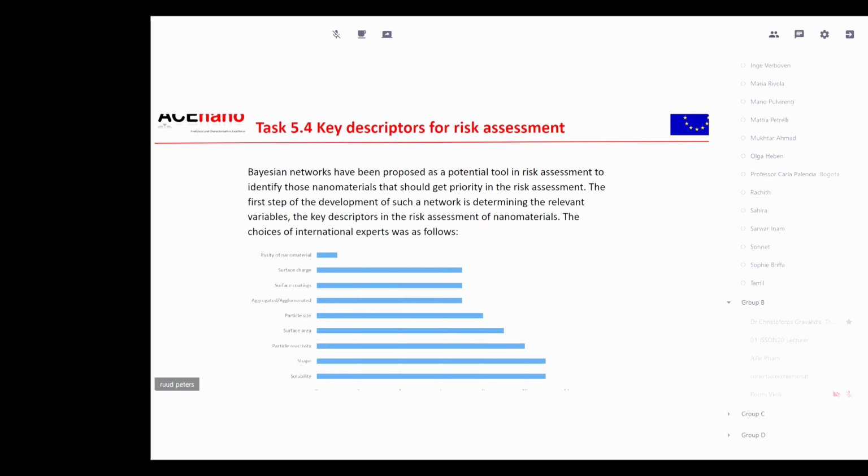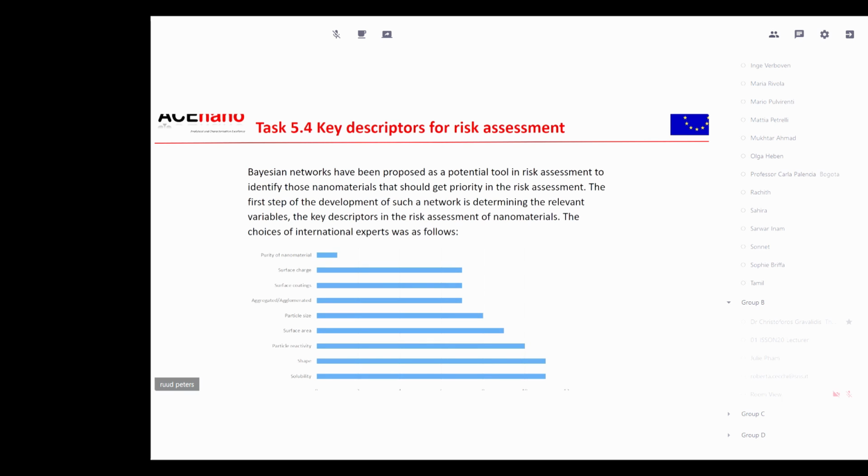And the results of the survey are shown in this slide. And so, according to international experts, and it is outside ACEnano, the important issues here are solubility, shape, particle reactivity, surface area, particle size, status of aggregation and agglomeration, surface coatings, and surface charge.